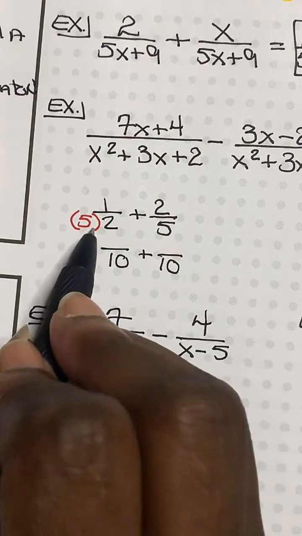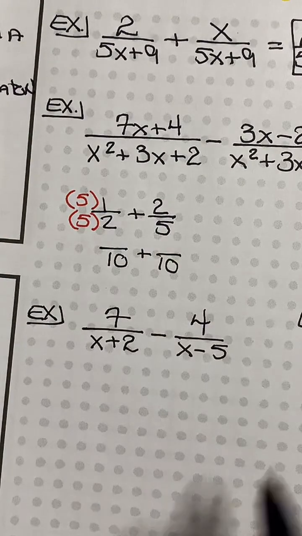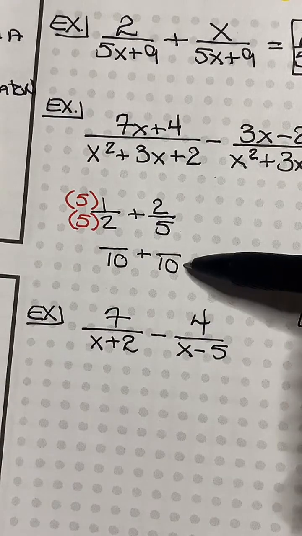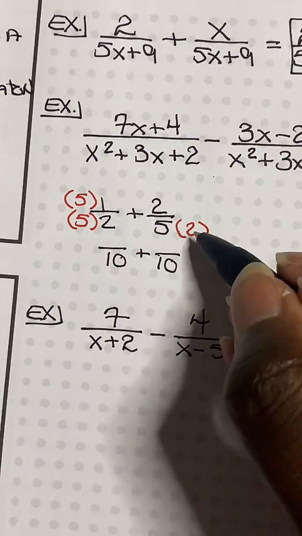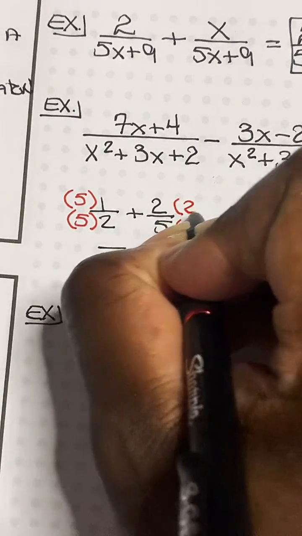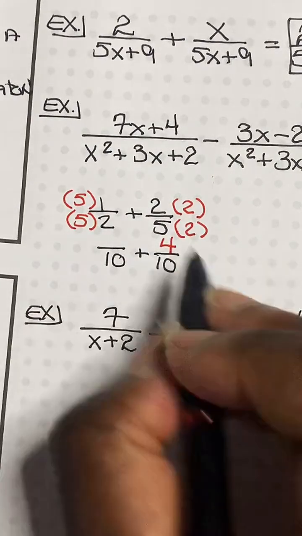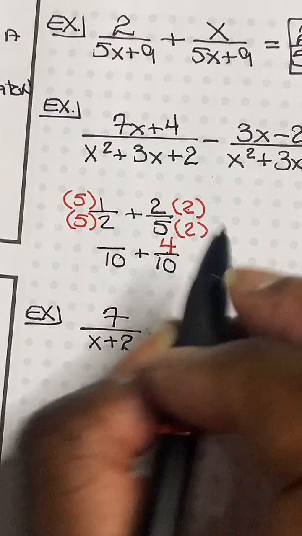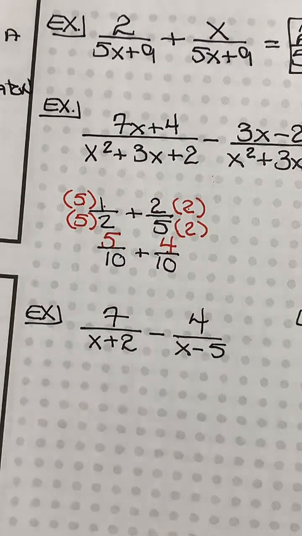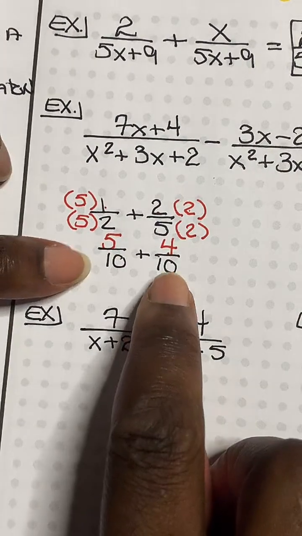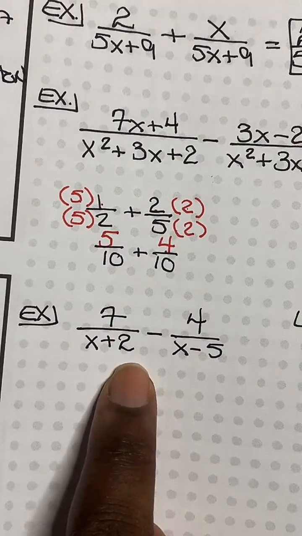Whatever I do in the denominator, I have to do in the numerator. If I want to change this 5 to a 10, I have to multiply by 2. So this gives me a 4 because I multiplied 2 times 2, and this gives me a 5 because I multiplied 5 times 1. Keep this in mind when you're doing this.